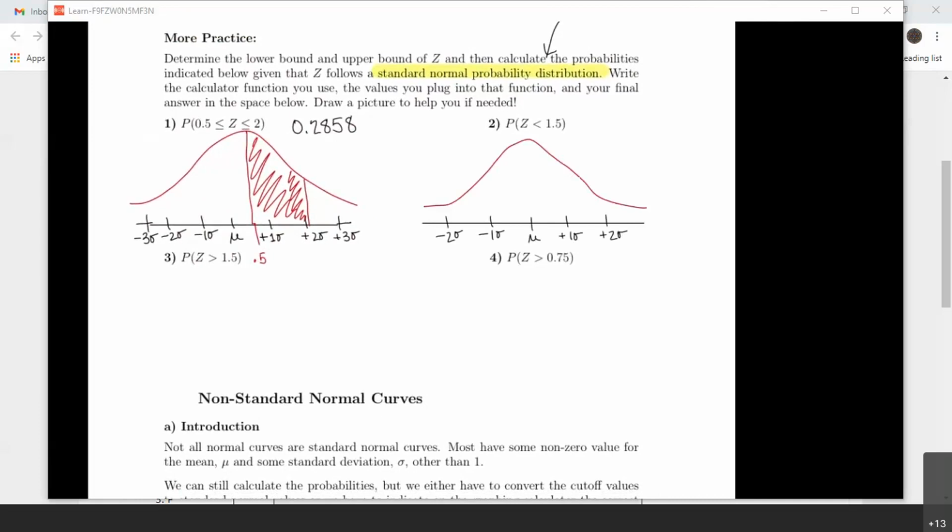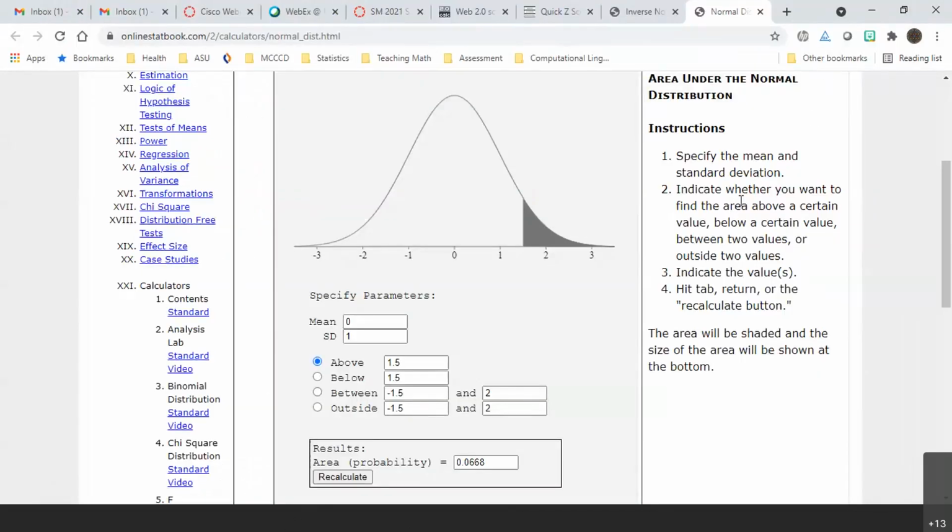We want less than 1.5. So here's 1.5, so we want all of this. And we kind of did this one already, and that was the one that was about 93. So that should still be in my online distribution calculator. That's this one, below 1.5, 0.9332.